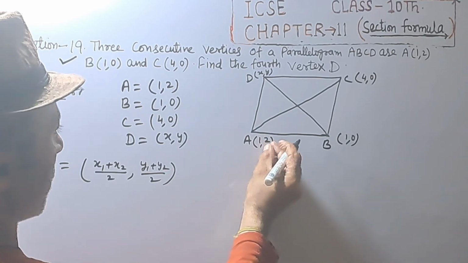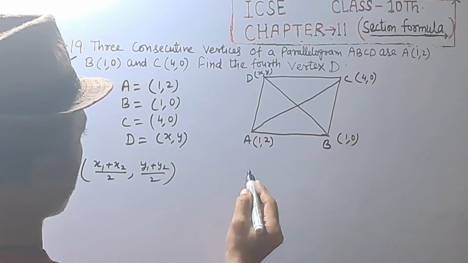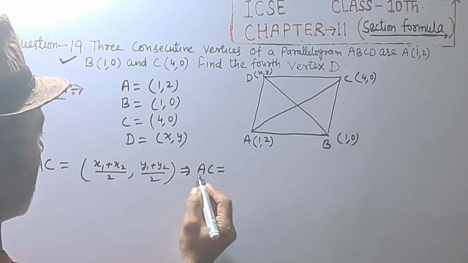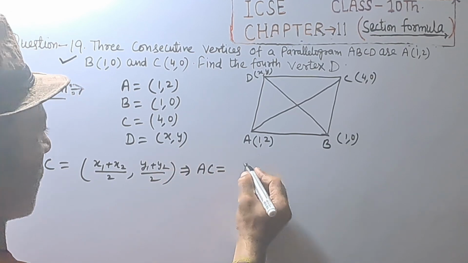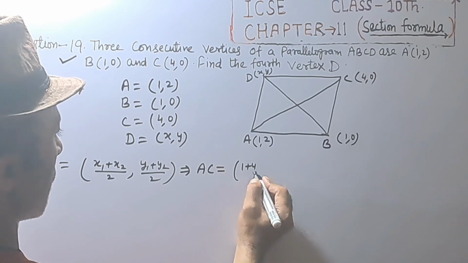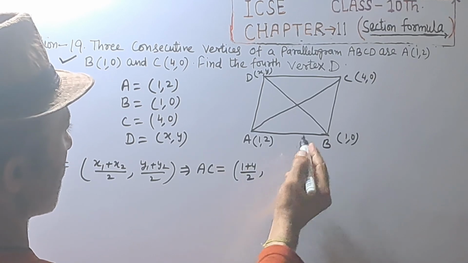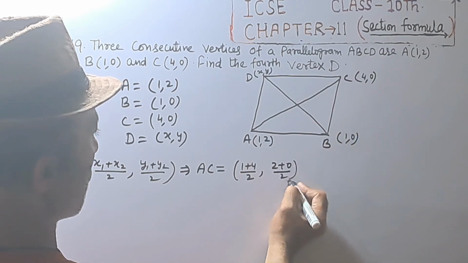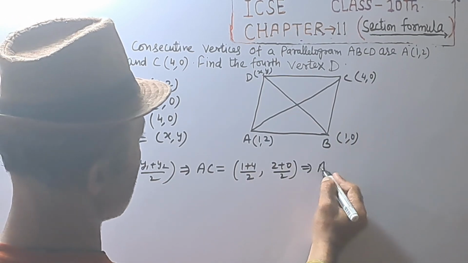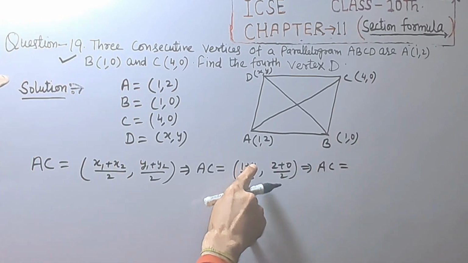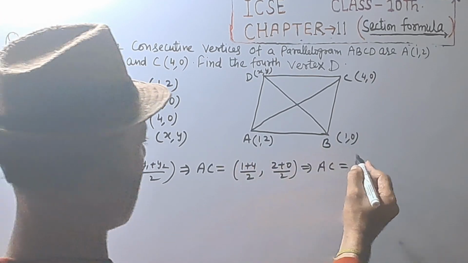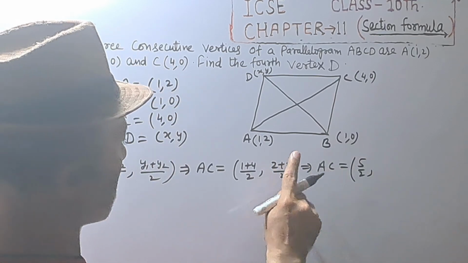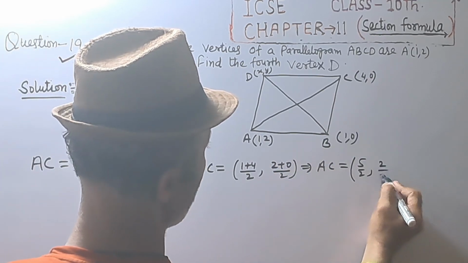This is x1, y1, x2, y2, which implies the midpoint of diagonal AC is equal to (1 plus 4) upon 2, (2 plus 0) upon 2, which implies AC is equal to 4 plus 1, that is 5 upon 2, and 2 plus 0 is 2, 2 upon 2.